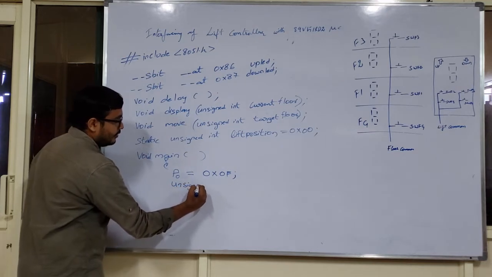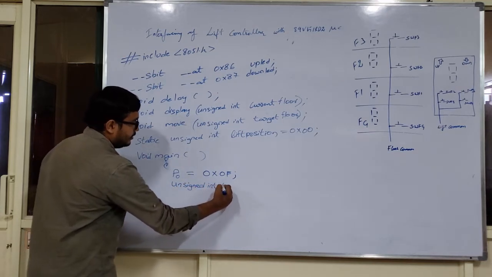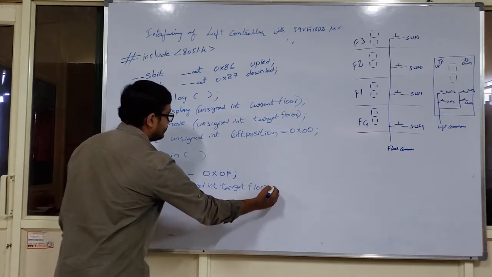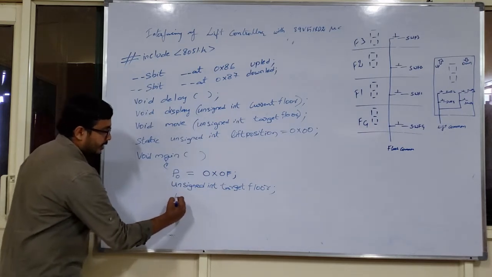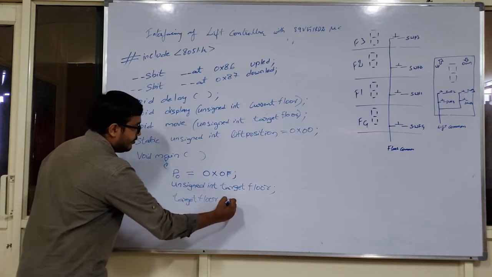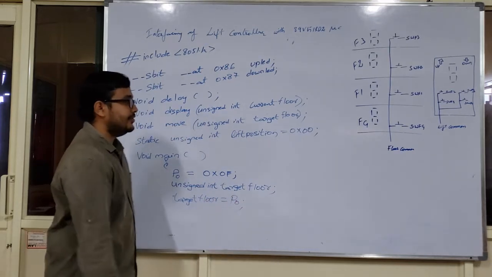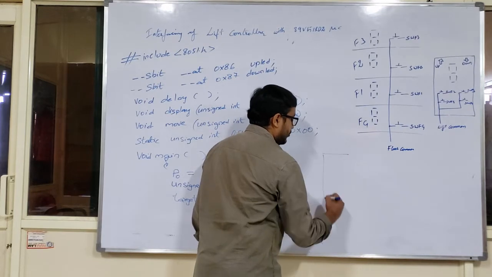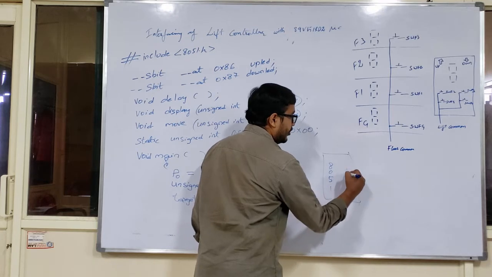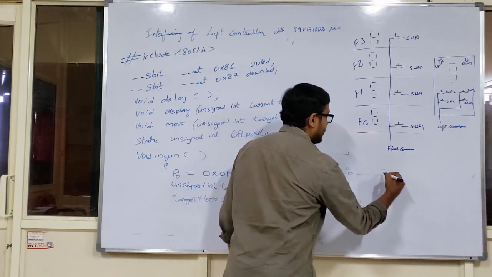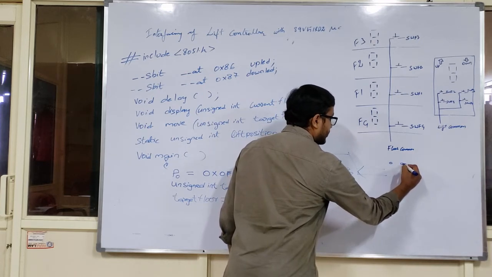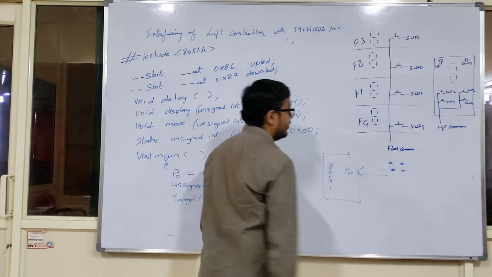Unsigned int target floor is equal to P0. I said that in my 8051 microcontroller, the P0 port is connected with push buttons: button 0, button 1, button 2 as well as push button 3.